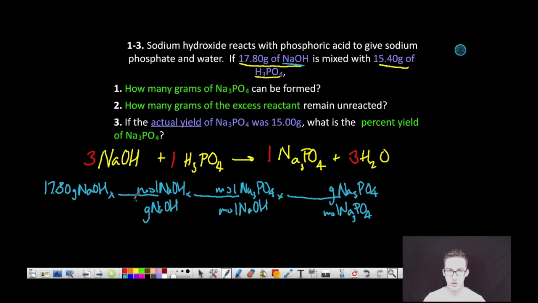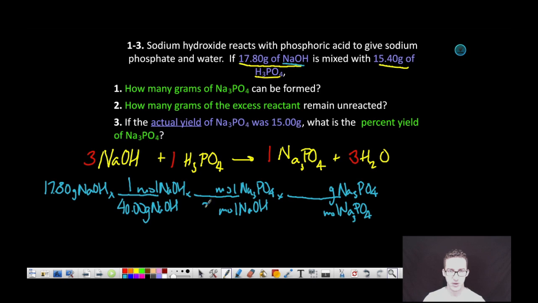As I look at some of the relationships here, 1 mole of sodium hydroxide relates to 40.00 grams of sodium hydroxide. Again, that relationship comes from the periodic table. When I've got moles to moles here, that relationship comes from the balanced chemical equation.